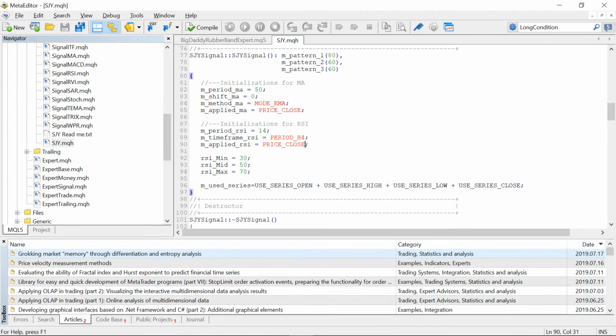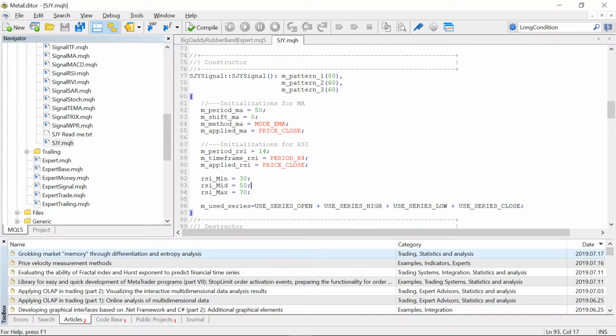So as I was saying earlier, the RSI min, mid, and max are essentially floors and ceilings, and well, mid wouldn't be either, but it's more a point to reach. Generally observed, below 30 tells you a market's going this way, above 30 tells you a market's going this way.